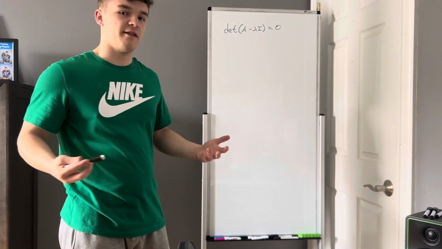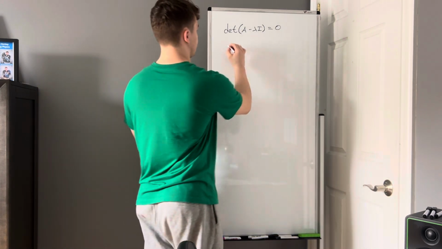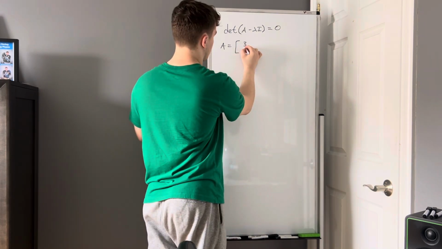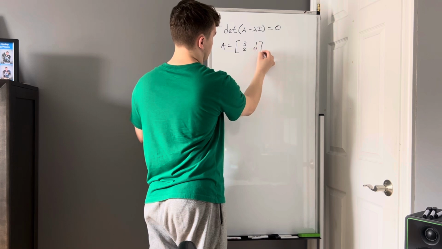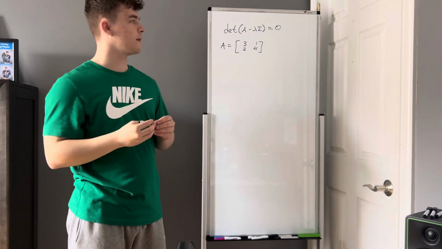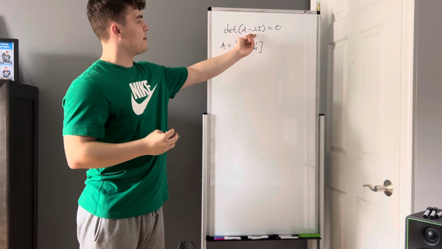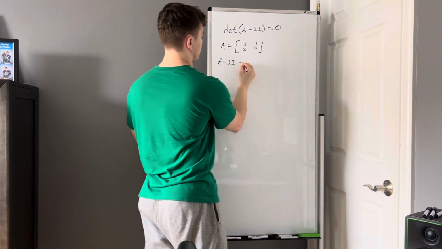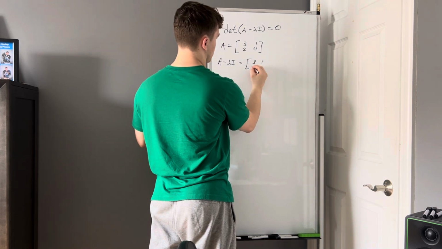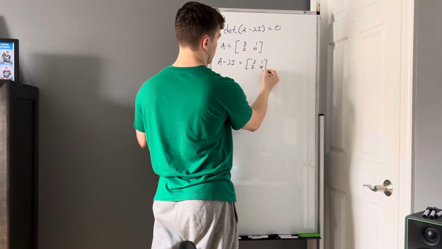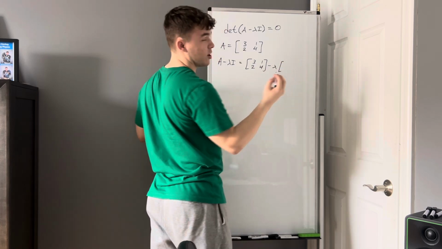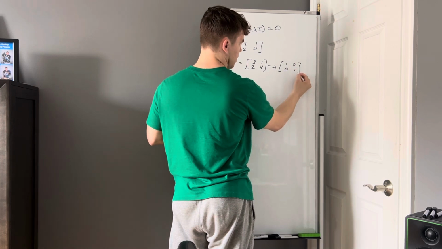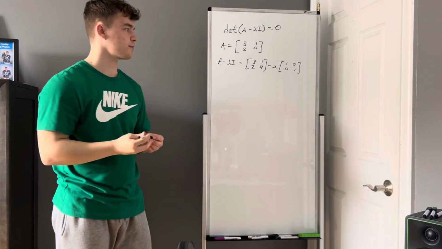So let's find the eigenvalues and eigenvectors of this matrix. Okay, well, let's figure out what A minus lambda I is. A minus lambda I is 3, 1, 2, 4 minus lambda times our identity matrix, just the matrix with diagonal ones.